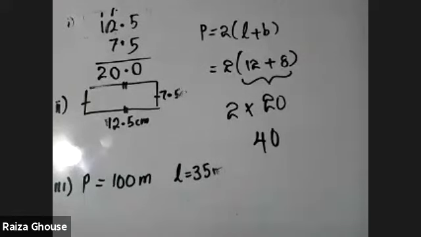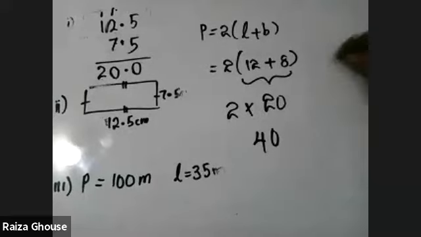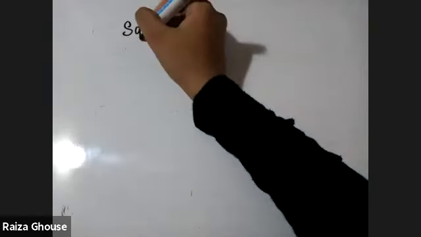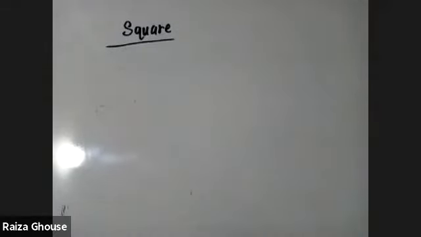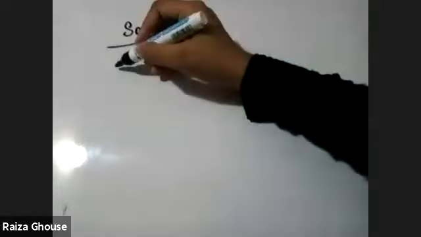Now write down the second plane figure, square. Now we are going to move to square. Now, for a rectangle, I told you the common characteristics: all the angles are 90 degrees and opposite sides are equal.